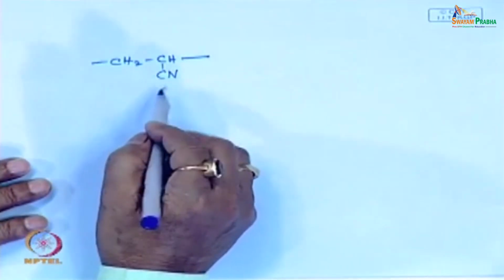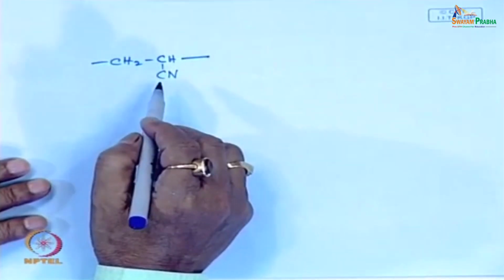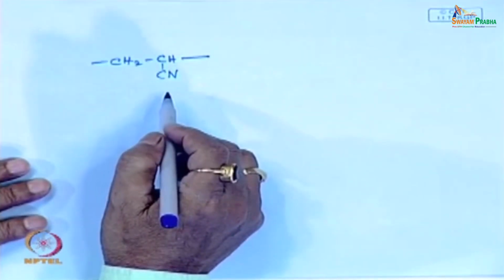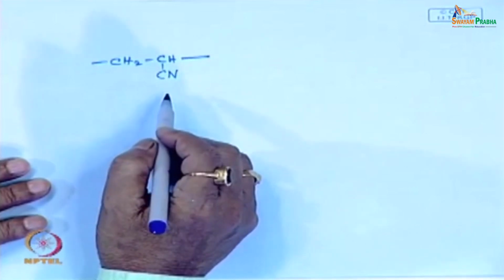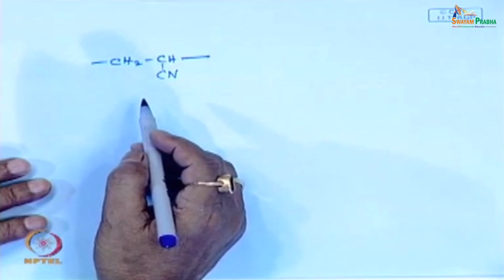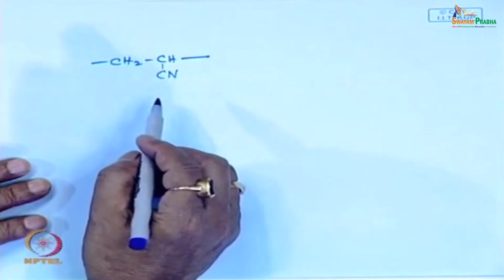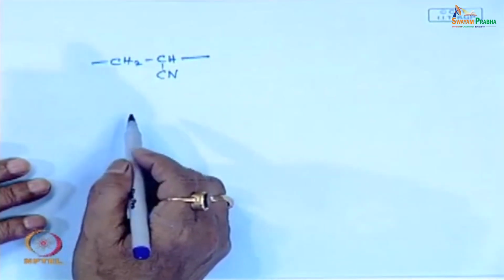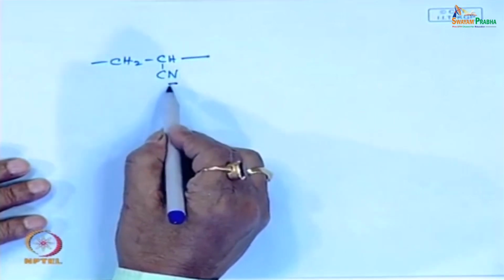This is polyacrylonitrile. Actually, polyacrylonitrile also enters into intermolecular hydrogen bonding. Nitrogen is there.